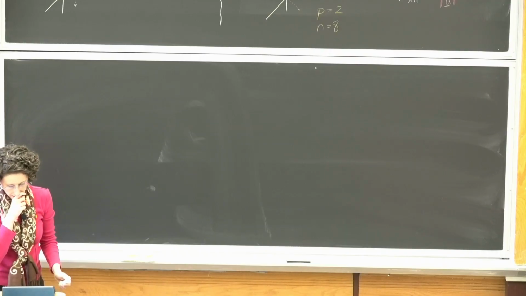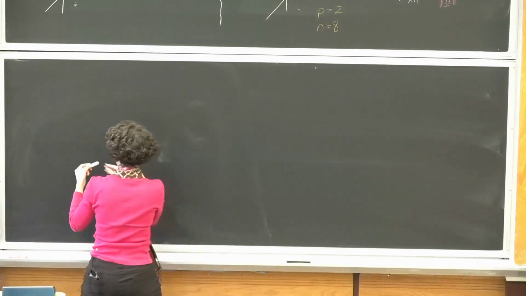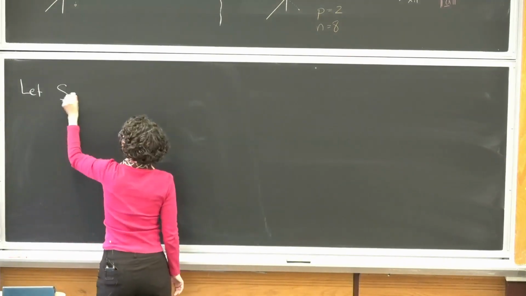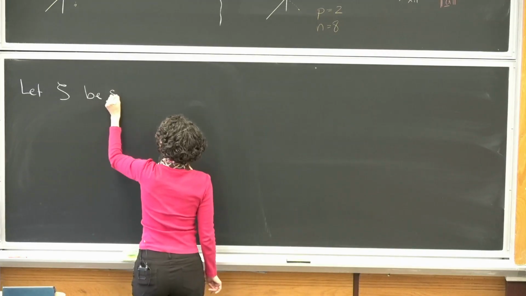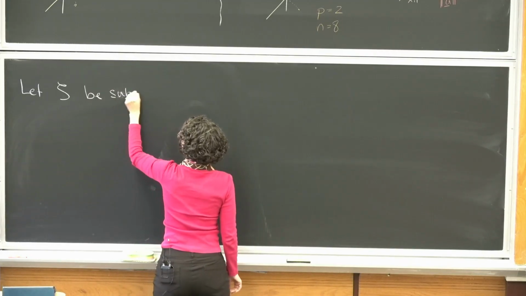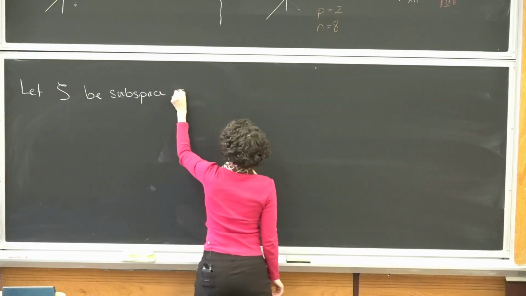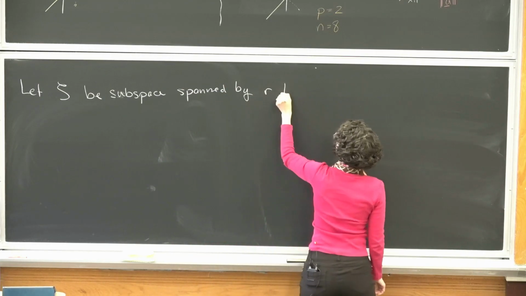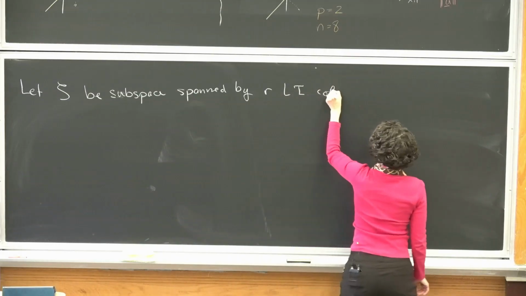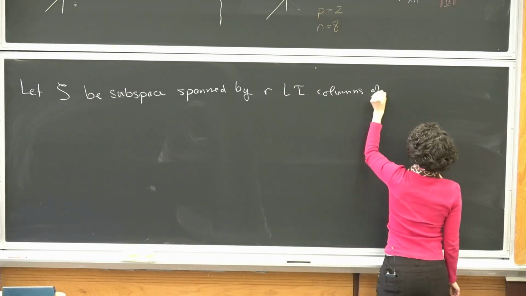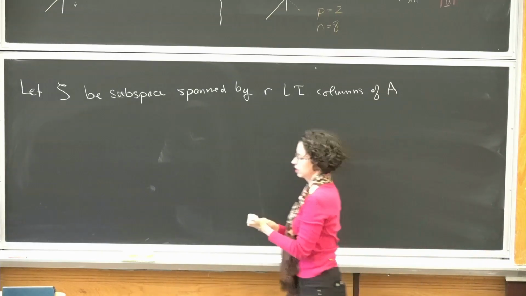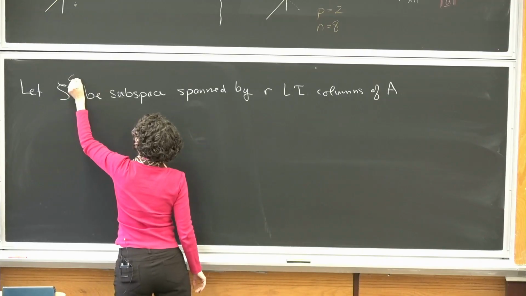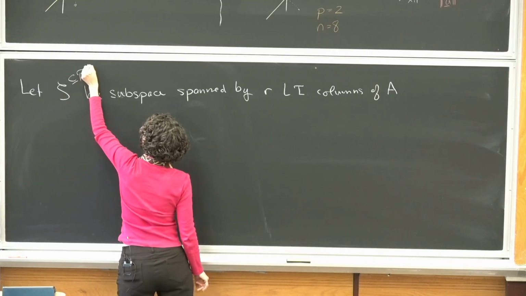Okay, so in particular, let S be a subspace that's spanned by r linearly independent columns of A. And we're going to imagine that this subspace is inside a p-dimensional space.